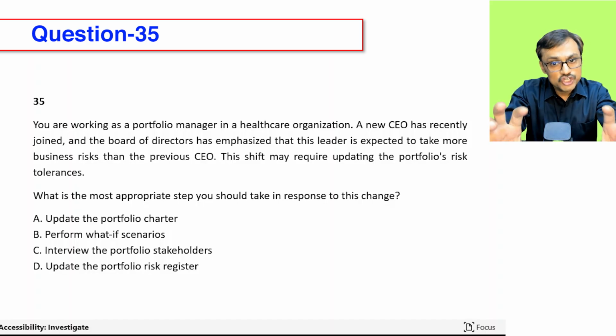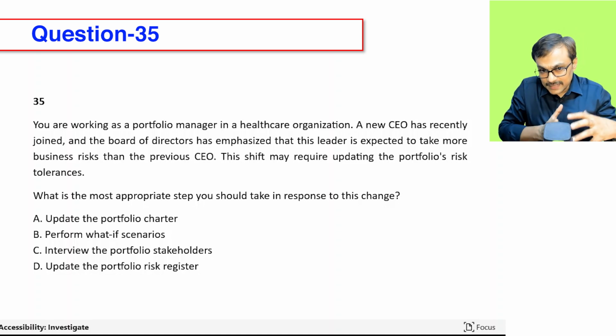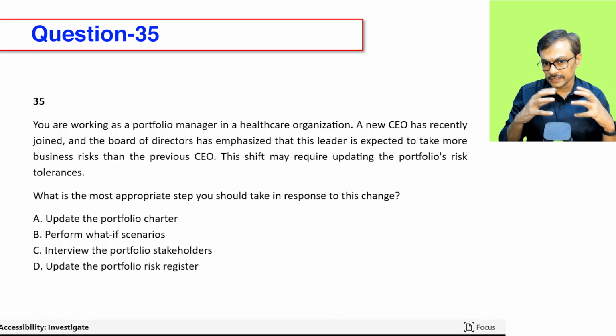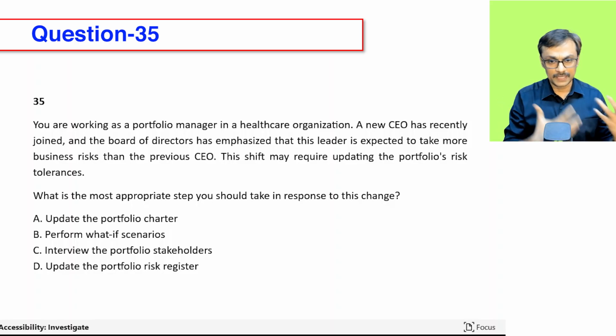But the change which is happening is more associated with risk. So earlier the strategy was not taking that much risk, but now a new CEO has joined, and the board of directors is also emphasizing that guys, take more business risk than the previous time. So this is something we are seeing as a change.